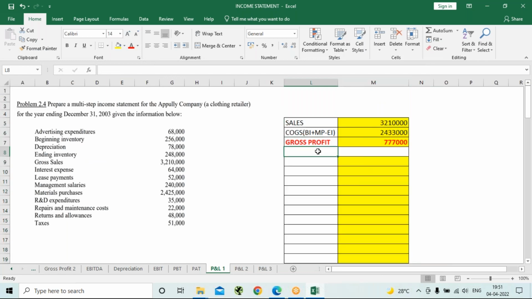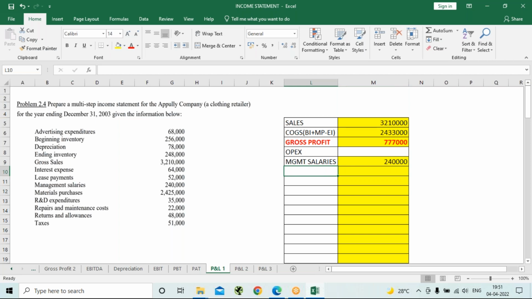Okay, the next thing is we have to prepare the Opex values. So what Opex values do we have? Can anyone try? Management salaries. Good. The value is 2,40,000.